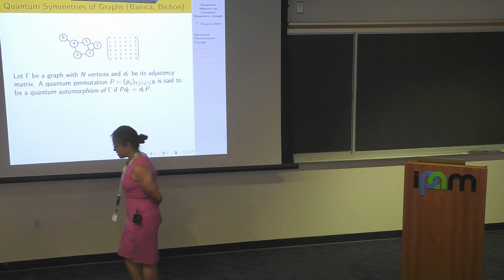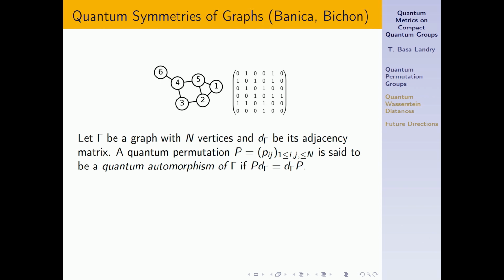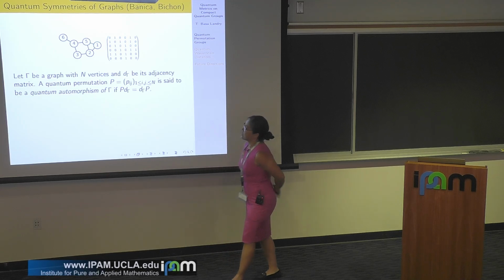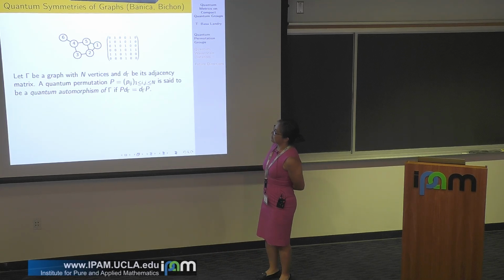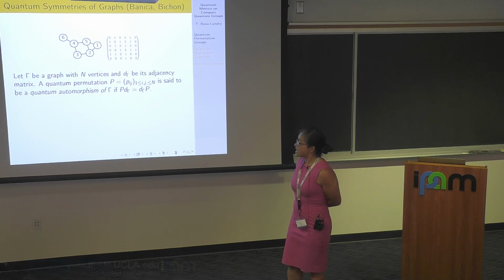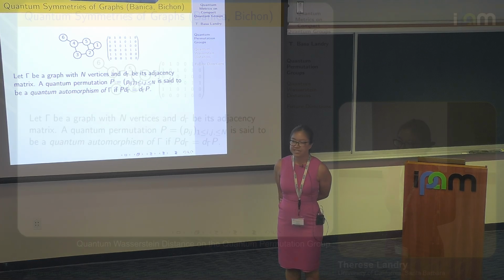Another motivation to study quantum permutations is that they are also a basis for understanding quantum symmetries of classical graphs. This is due to the work of Banica and Bichon. In one of their notions of the quantum symmetries of a graph, a quantum automorphism of a graph is defined as follows: this is the adjacency matrix for this graph, and the quantum symmetries are those quantum permutations that commute with the adjacency matrix.